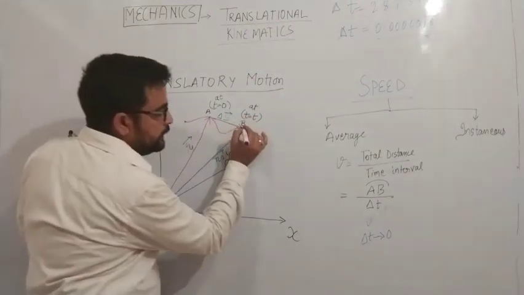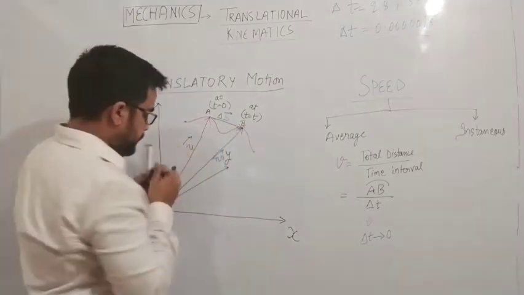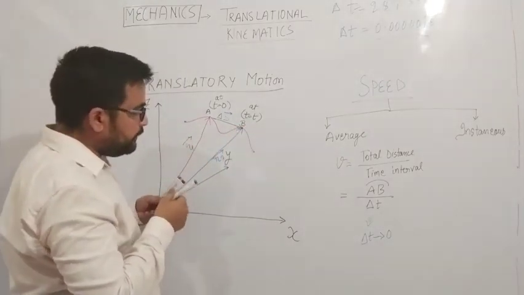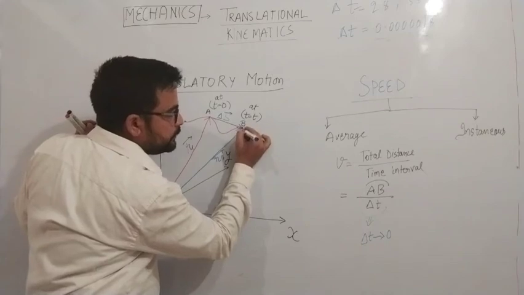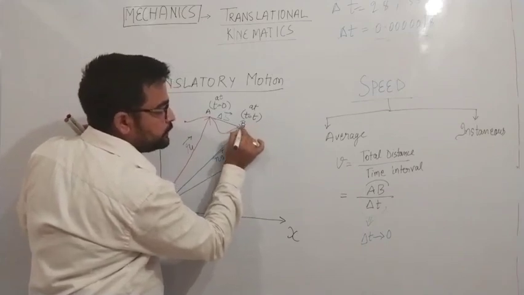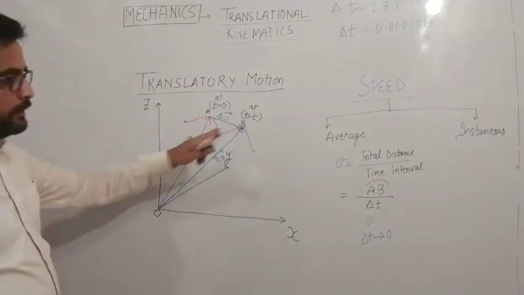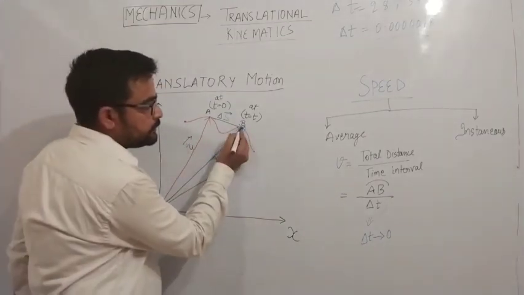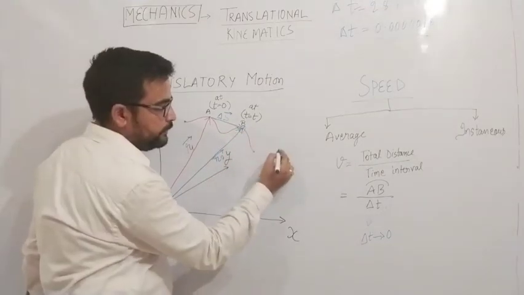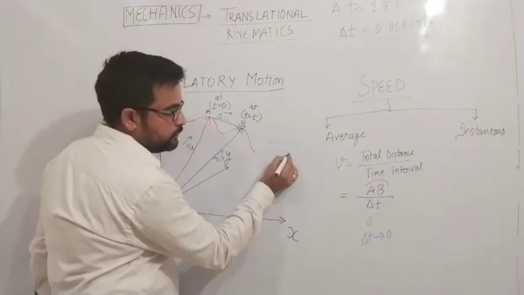So I am reducing the delta t. Suppose I am getting this much of portion of the path. In this much of the portion of the path, what will be your distance? This. So if I want to magnify it, this will be, suppose your.